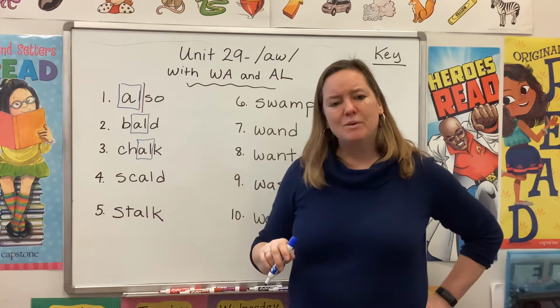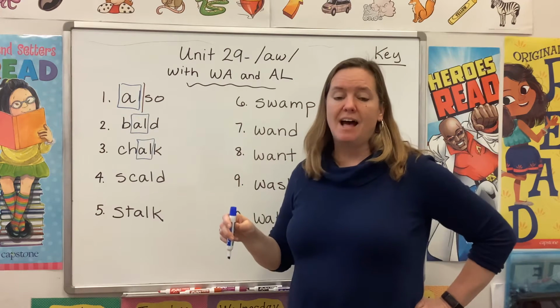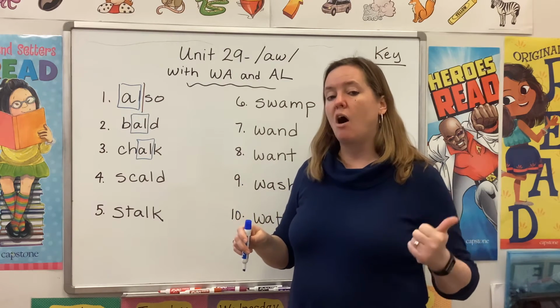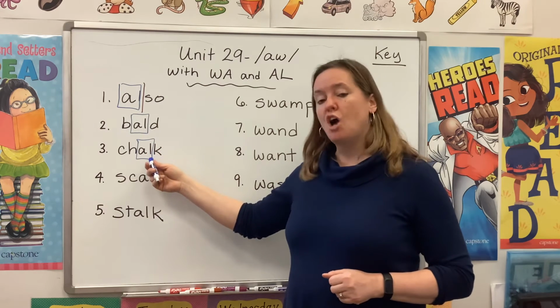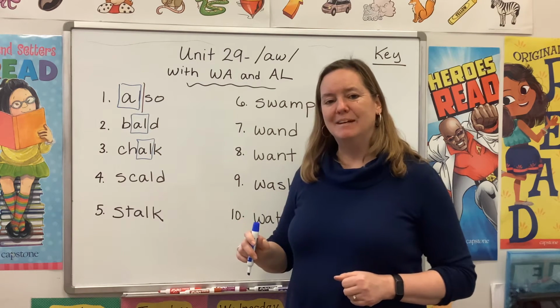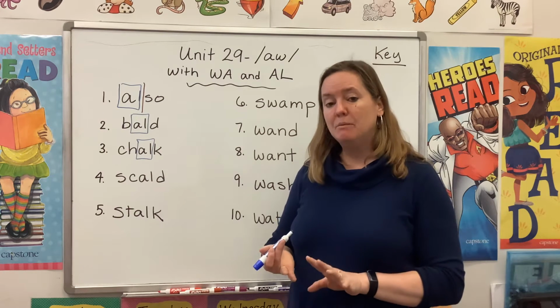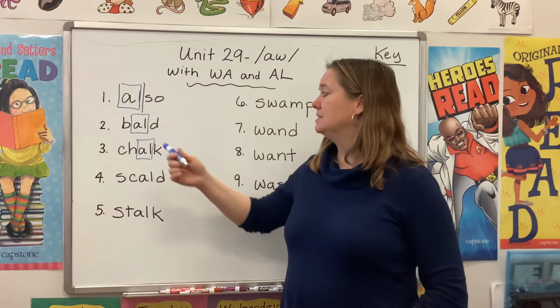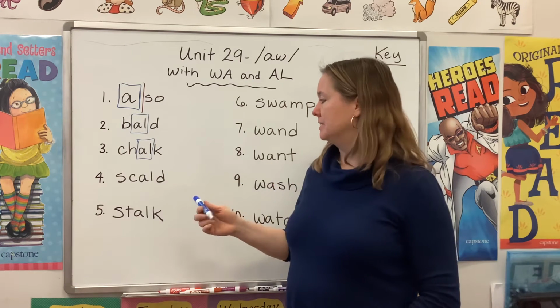I want you to notice something though. In some of these words, we hear the L, we hear the L in also and bald. But in chalk, that L is silent, just like in walk and talk, right? So keep that in mind. Some of our words will have that L voiced and some of them will not.